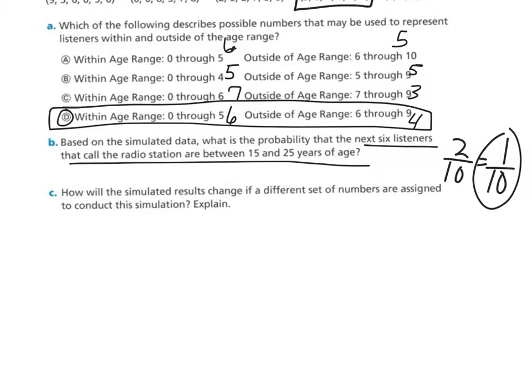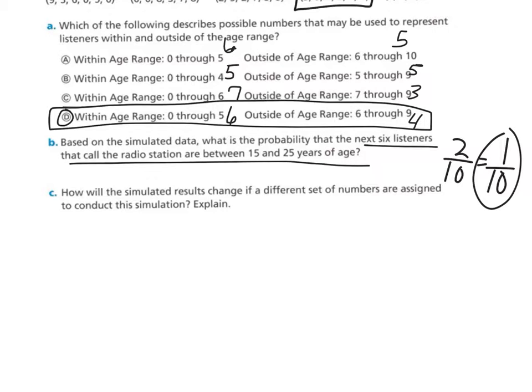And then C, how will the simulated results change if a different set of numbers are assigned? As long as we have the 60% versus 40%, we should be in good shape.